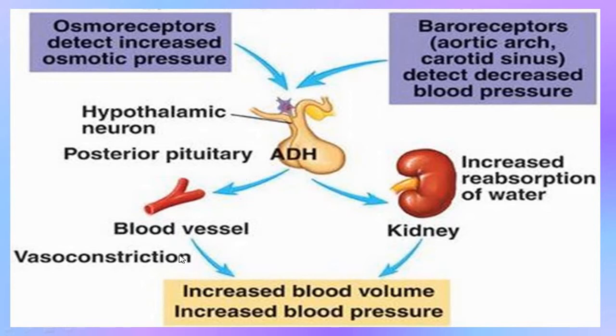Vasoconstriction occurs, and there is more reabsorption of water from the kidney, resulting in increased blood volume as well as increased blood pressure. Blood volume is increased because more water is reabsorbed from the nephron, resulting in water retention, and blood pressure increases because of vasoconstriction. So both volume and vasoconstriction help in the increase in blood pressure.